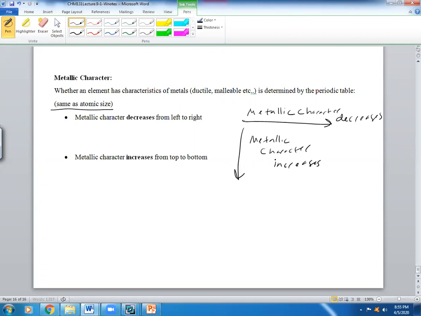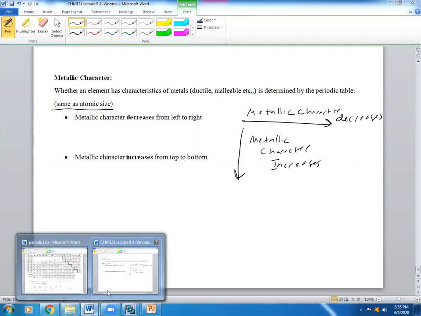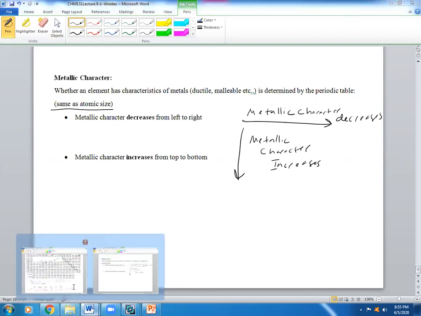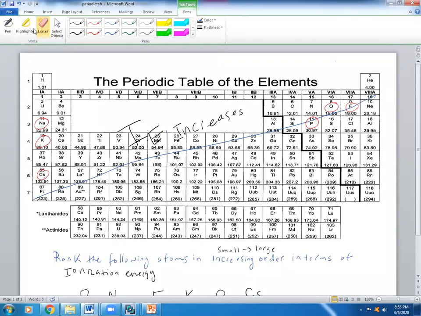Where is this particularly important? Down here.